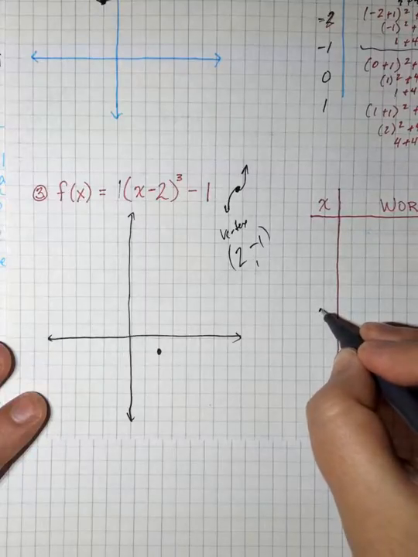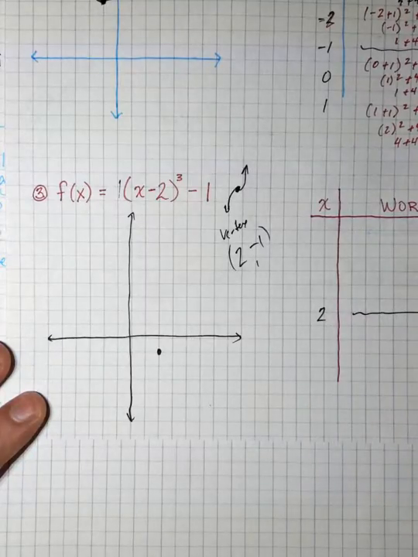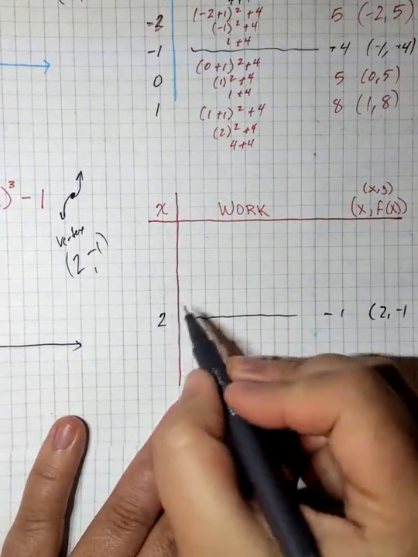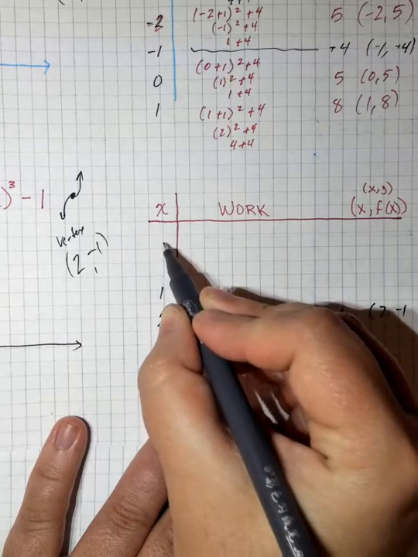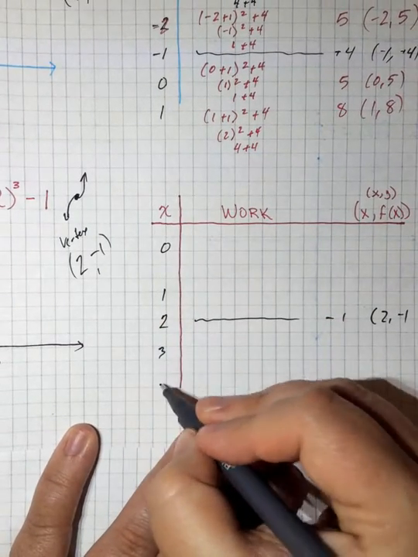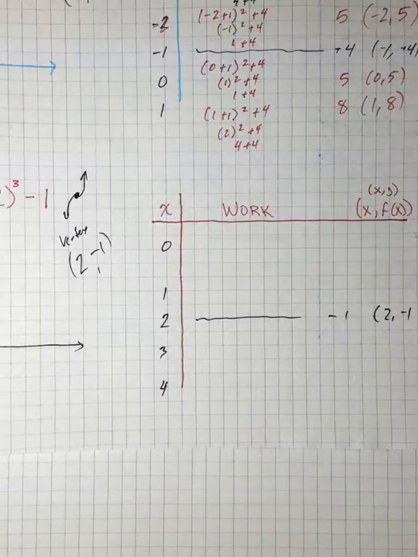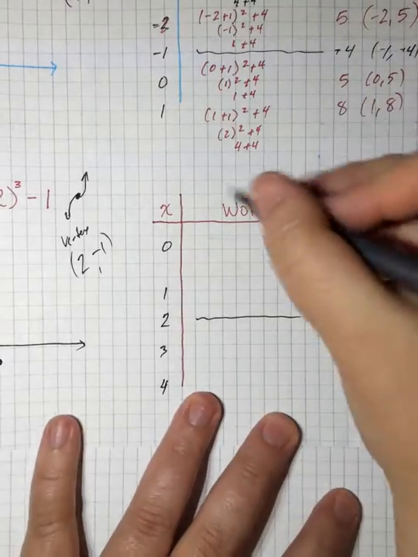So, 2, -1. To show my work over here, here's my ordered pair. Points around 2, we'll go back to 1 and 0, and then 3 and 4. And again, we're going to plug in, using order of operations, we'll get out some y values. So plugging in a 0.